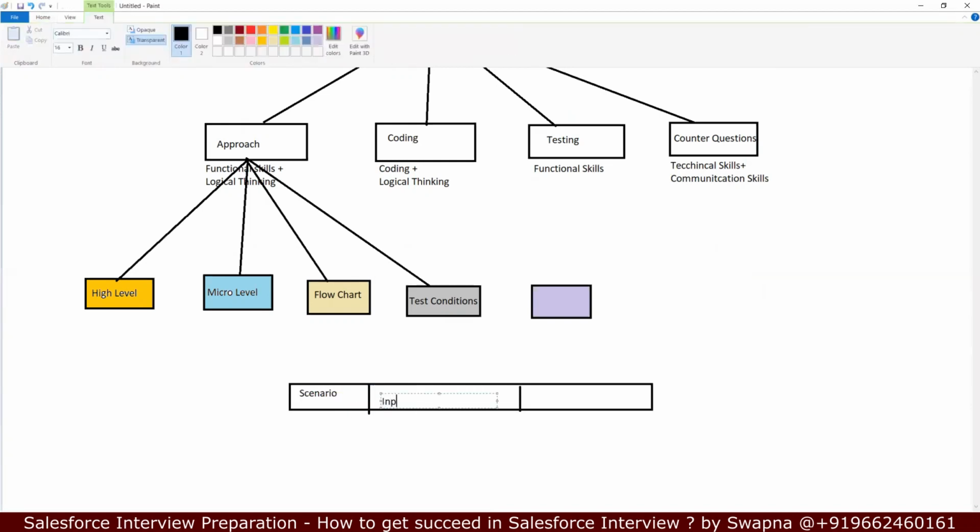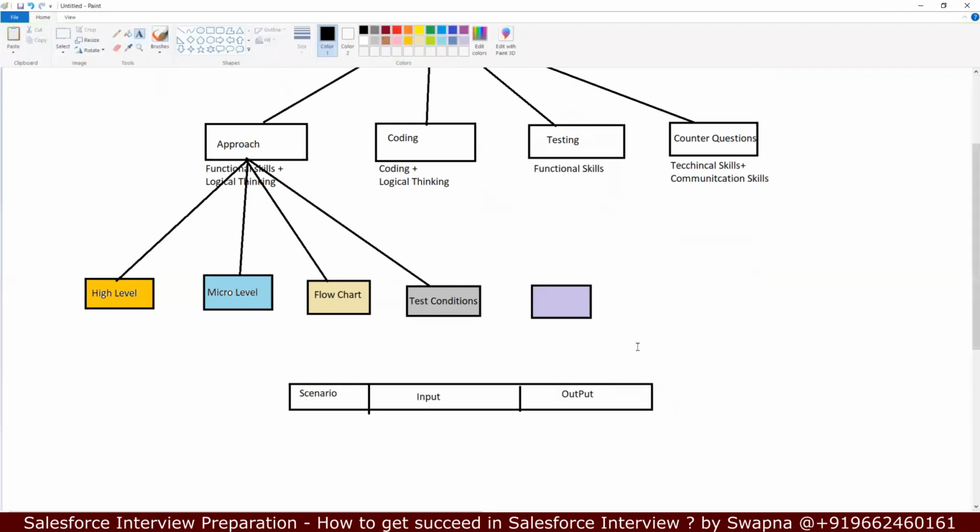And what are the inputs that are required in order to test the scenario? And what is my output? What am I expecting in this test scenario? So write down these steps so that we will be clear on what to test, how to test, and what the different possible scenarios are that can come.